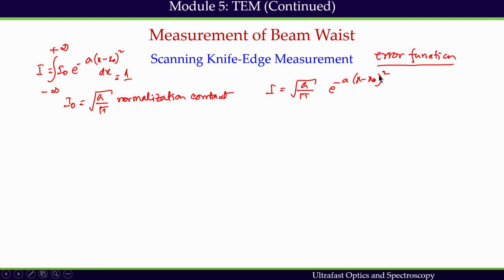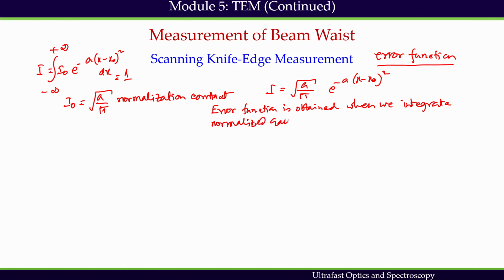This error function is obtained when we integrate the normalized Gaussian function from minus x1 to plus x1.